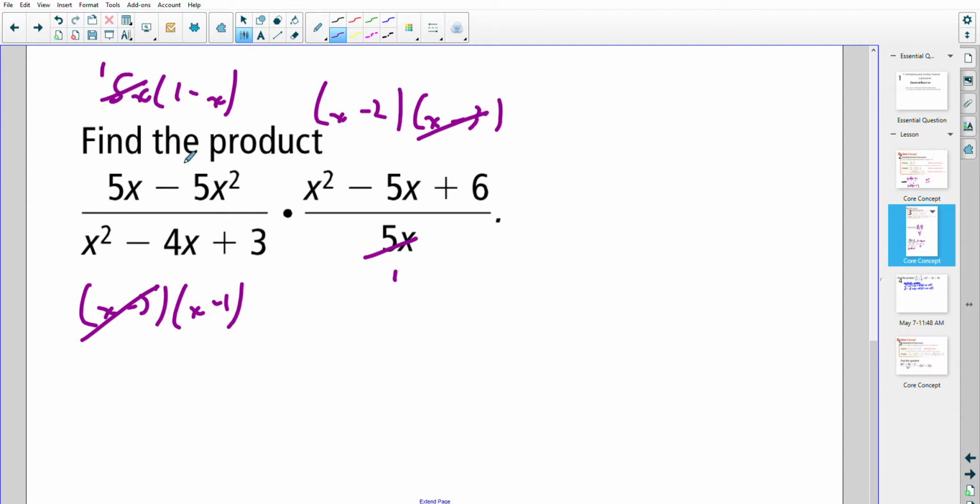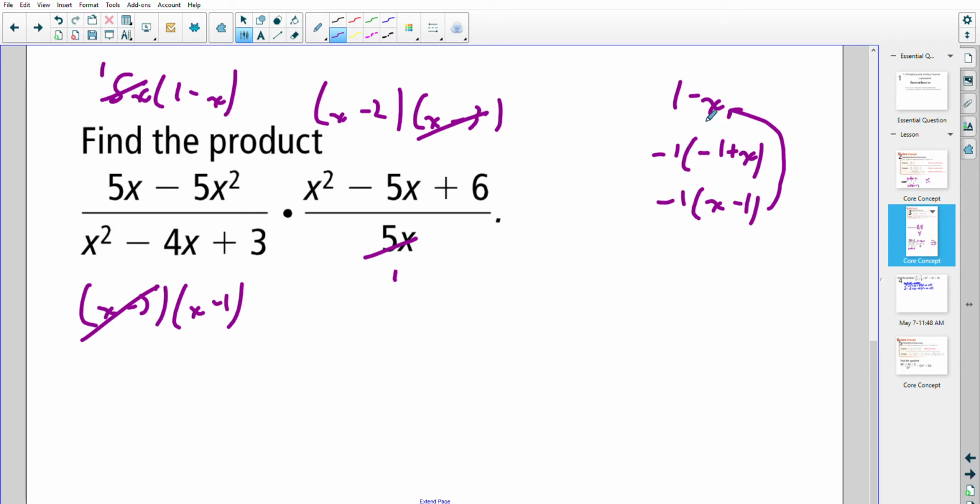Now look what we have here, a 1 minus x and an x minus 1. A little bit of work off to the side. 1 minus x is the same thing as pulling out a negative 1 and getting negative 1 plus x, or negative 1 times x minus 1. If you distribute this through, you're going to see you get right up above.